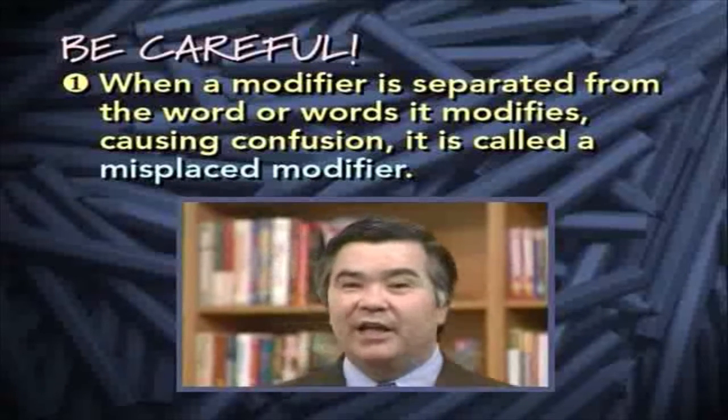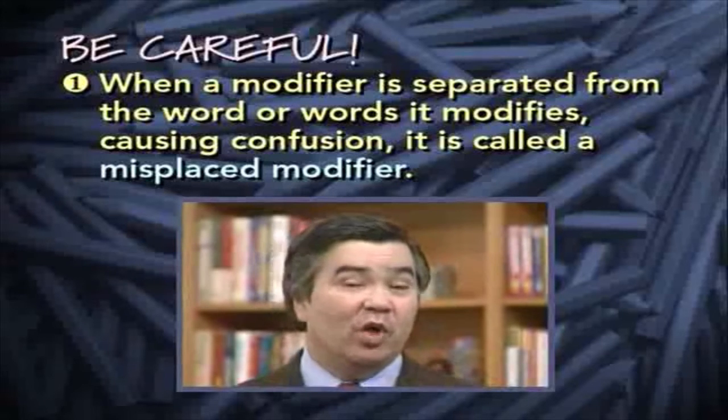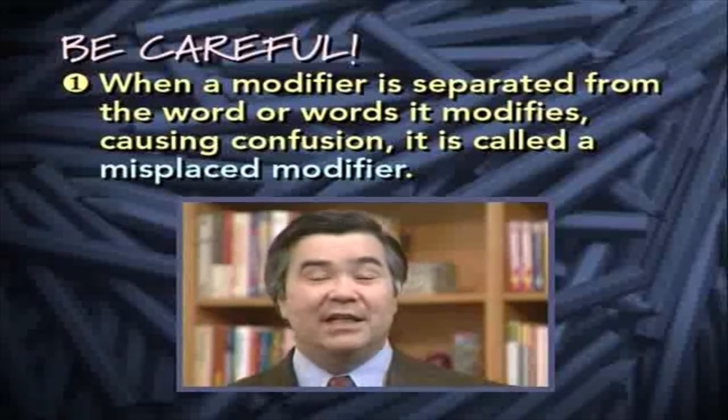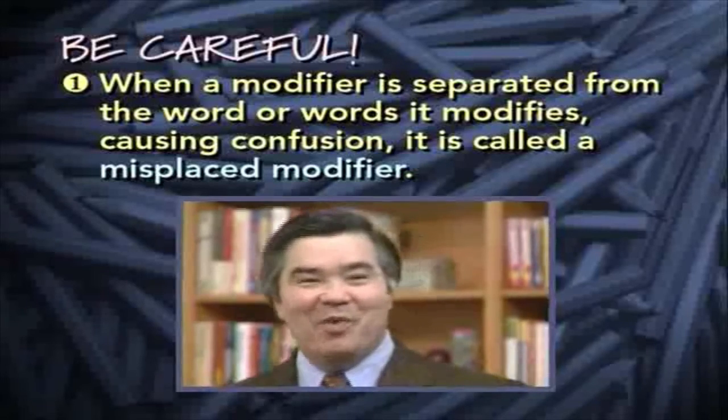A modifying phrase or clause should always be placed as close as possible to the word or words it modifies. That way, it's obvious to the person reading the sentence exactly what idea is linked to what. When the link is not clear, when the two things are not placed close to one another, then confusion, even momentary confusion, arises, and the sentence is considered wrong.